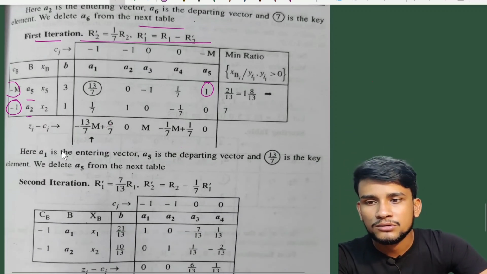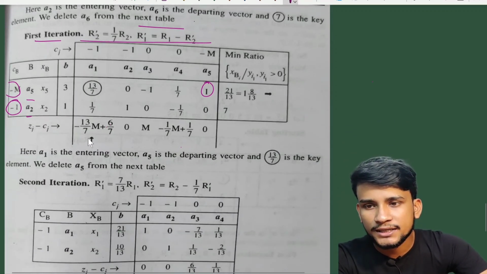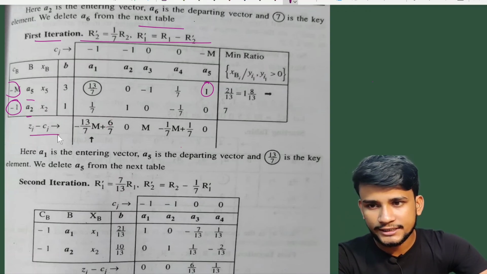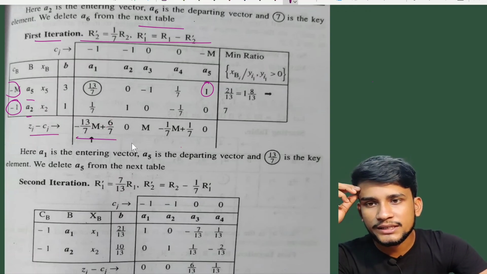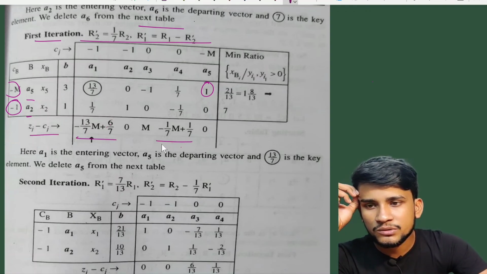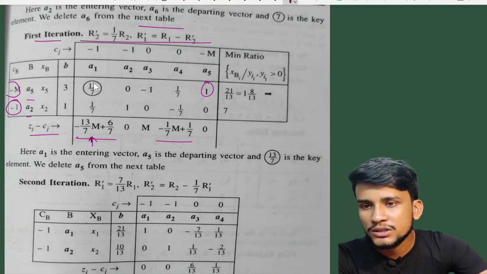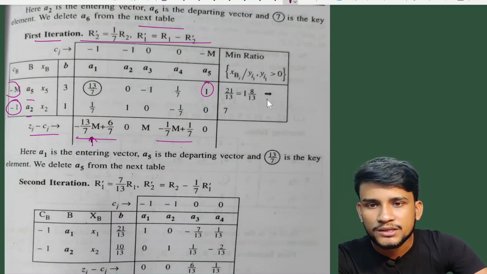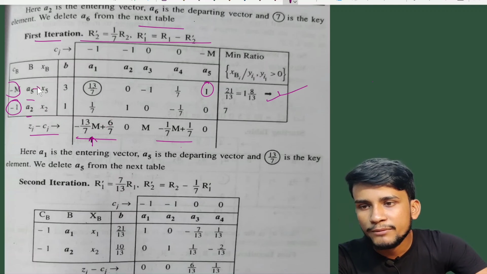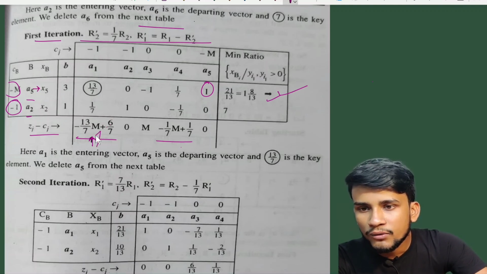Okay, so after the first iteration we get the zj minus cj terms, this one and this one. These two are negative terms, and this is the most negative number, therefore a1 enters the basis. We calculate the min ratio corresponding to this, 3 by 13 by 7, which gives 1 and 8 by 13, and this gives 7. The minimum is this one, therefore a5 leaves the basis and a1 enters the basis.